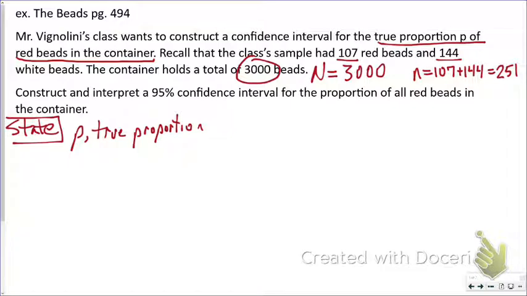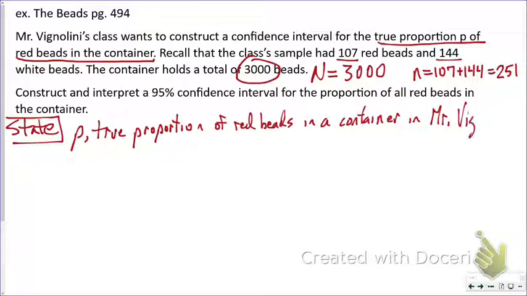True proportion of red beads in a container. And I guess we should say where this container came from. In Mr. Vignolini's class. And that's our title, that's our state step.